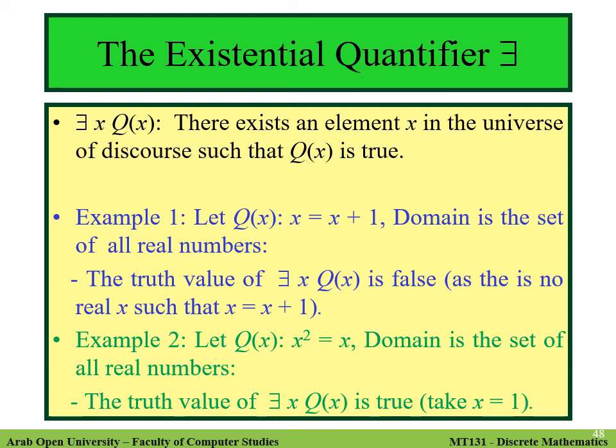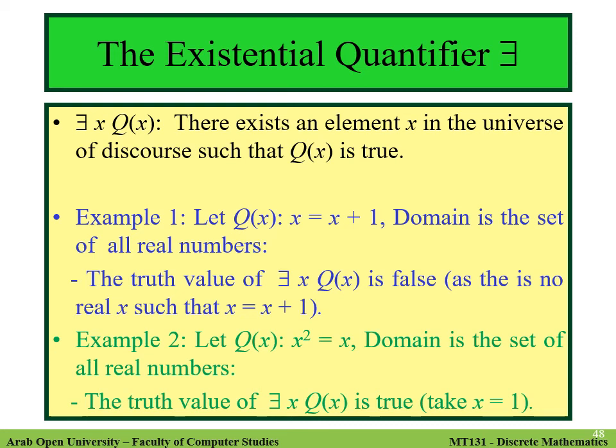If Q of x is the statement x is equal to x plus 1, and the domain is the set of all real numbers, there is no real number such that you can add 1 to it and get the same number. This statement is false for all x. So the claim there exists an x such that Q of x is a false statement, because there is no real number such that x is equal to x plus 1.